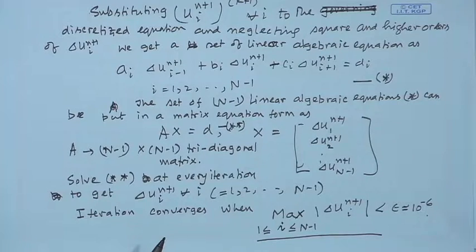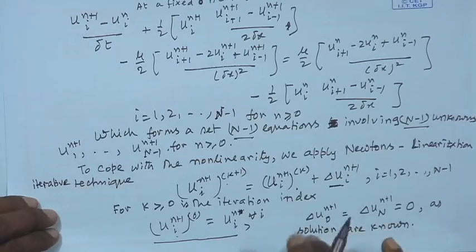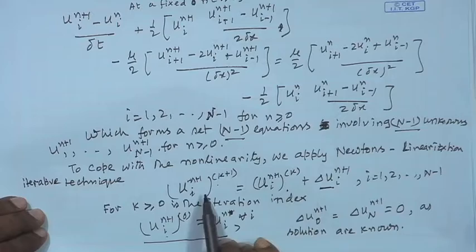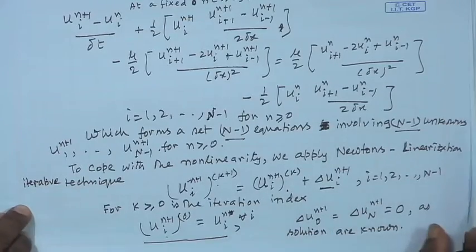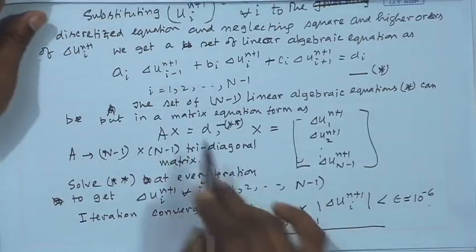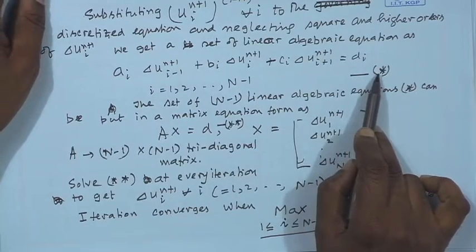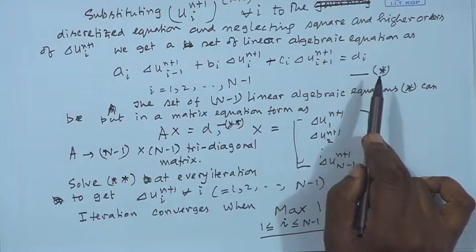So, if we simply say the procedure is that first we discretize this equation to this form, then substitute the u n plus 1 i at the k plus 1 iteration level in this manner, and then reduce this equation to a linear algebraic equation of this form star, which is the linear equation for delta u i's at the time level n plus 1.